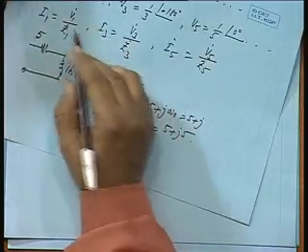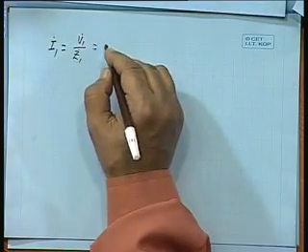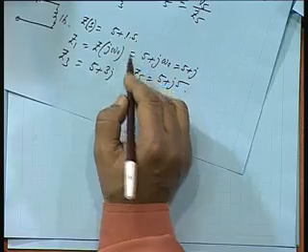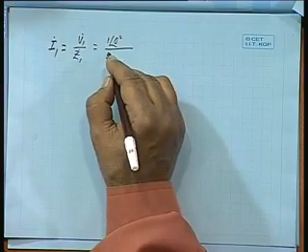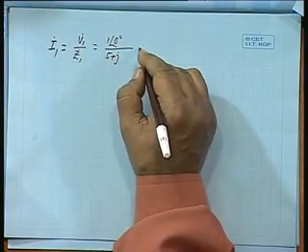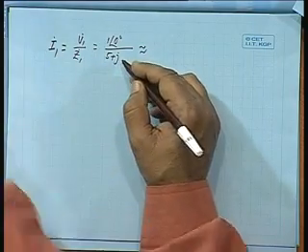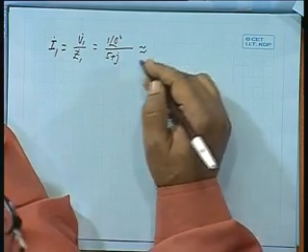So correspondingly, currents will be V1 by Z1, which is 1 angle 0 by 5 plus j.